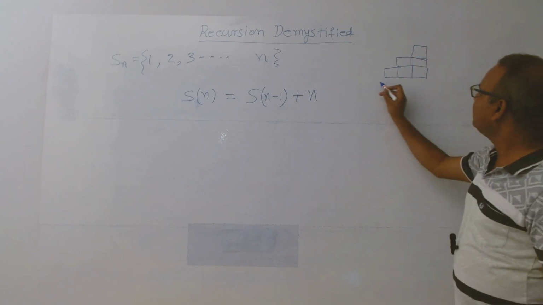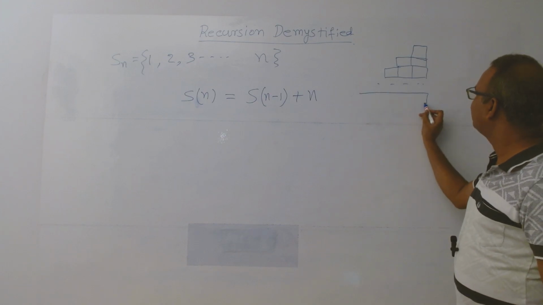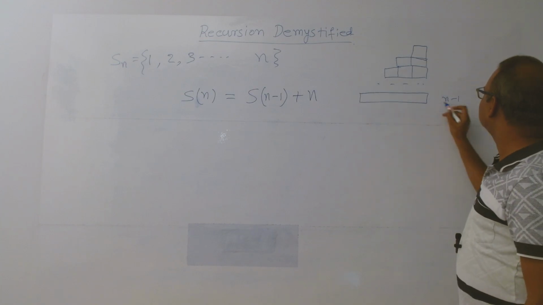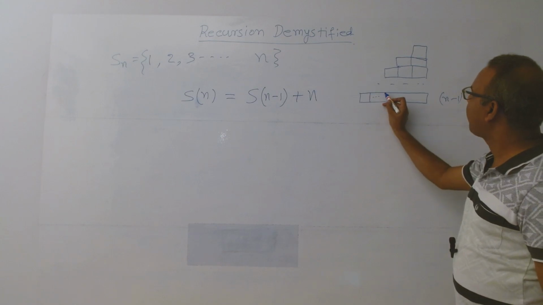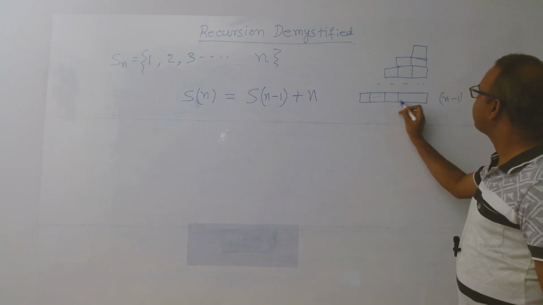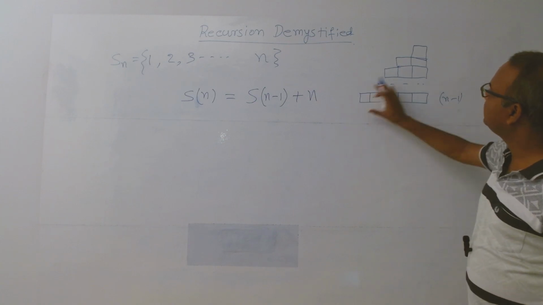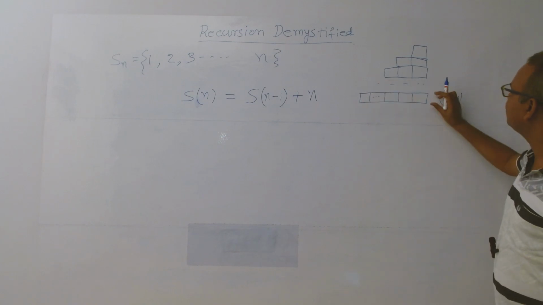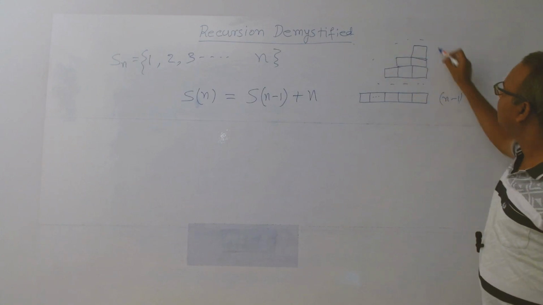Now let's say in this way we go up to this, which is n minus 1. There are n minus 1 blocks, so this total area is S of n minus 1. This total region, okay.